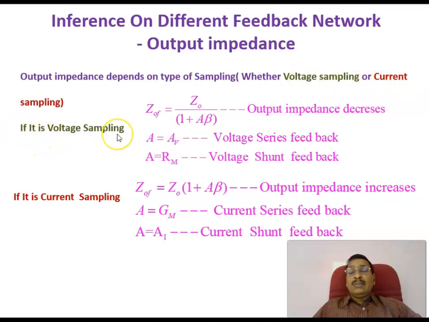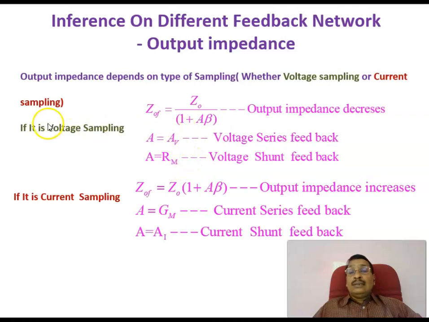If the voltage is being sampled, the output impedance is reducing. Therefore, the output impedance with feedback is given by the output impedance without feedback divided by 1 plus A into beta, where this A can be, if it is a voltage series feedback, the voltage gain Av, or if it is a voltage shunt feedback, the transresistance Rm.